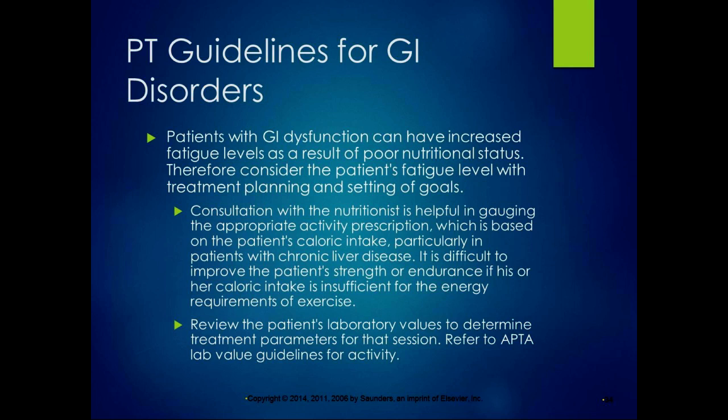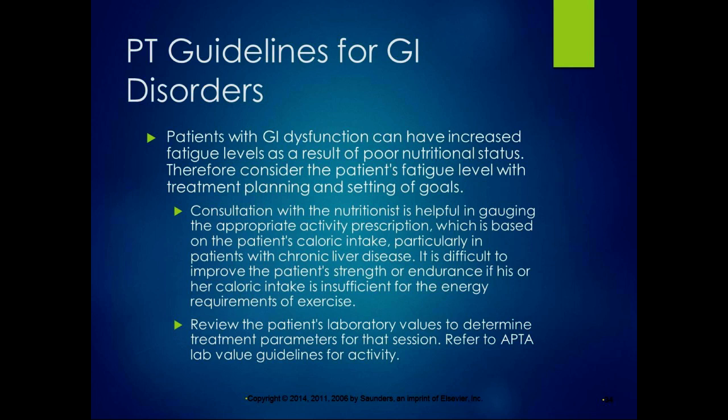A lot of times in the inpatient setting, you're going to be consulting with a nutritionist to gauge appropriate activity prescription and adjust the patient's caloric intake accordingly. Particularly in patients with chronic liver disease, it's difficult to improve the patient's strength or endurance if they have insufficient caloric intake for the energy requirements of exercise. So it's pretty important that we coordinate with the rest of the healthcare team on that.